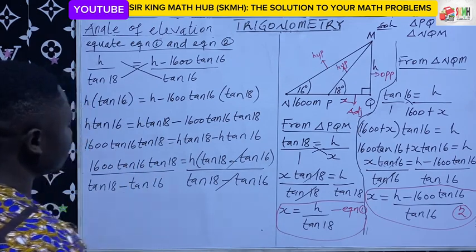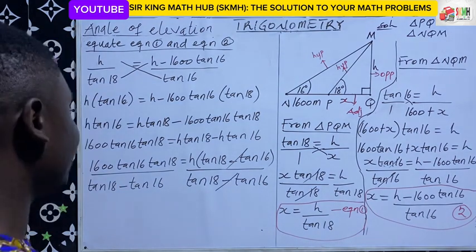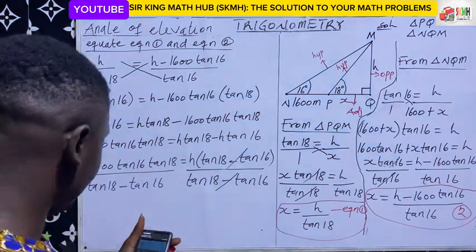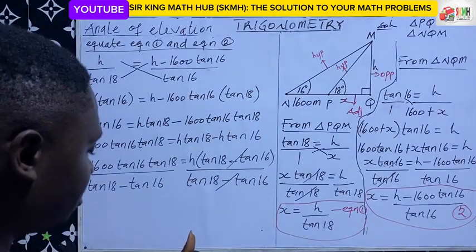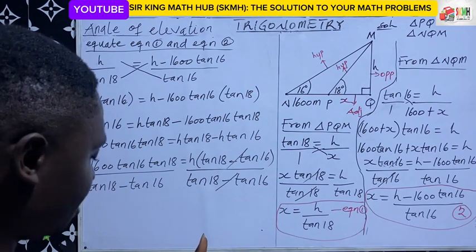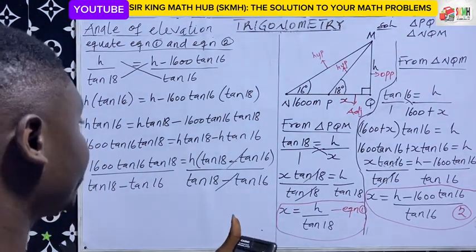So let's simplify this. Let's enter the whole of this expression into our calculator's memory. So we have a fraction here. For the numerator, we have 1600 times tan 16 multiplying tan 18. Make sure you close the bracket, else it will give you math error.